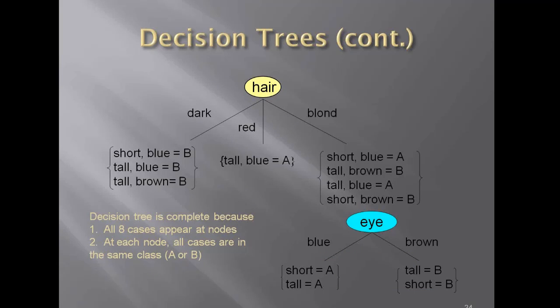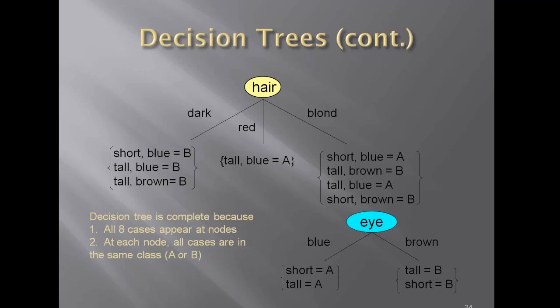The next phase will be to look at the eyes. We'll say that blonde-haired people that have blue eyes, whether they're short or tall, fit into class A. Blonde-haired people that have brown eyes, whether they're tall or short, fit into class B.